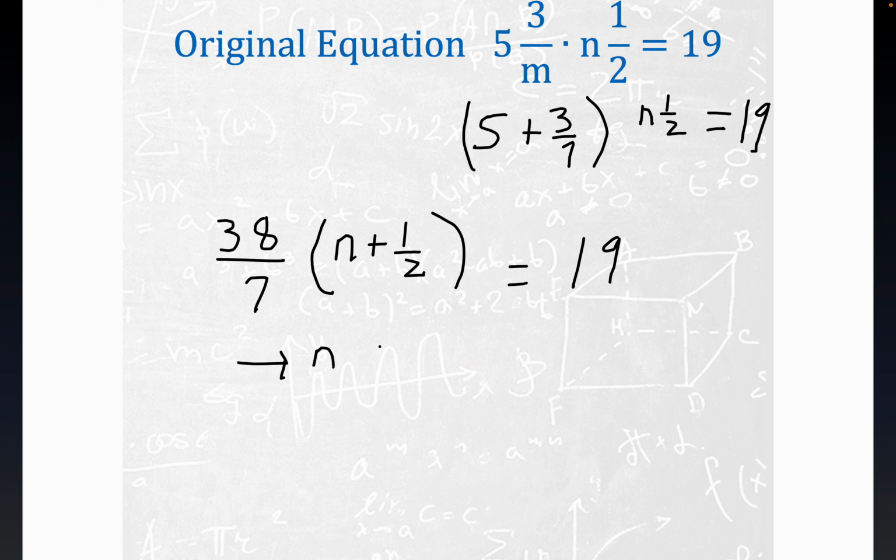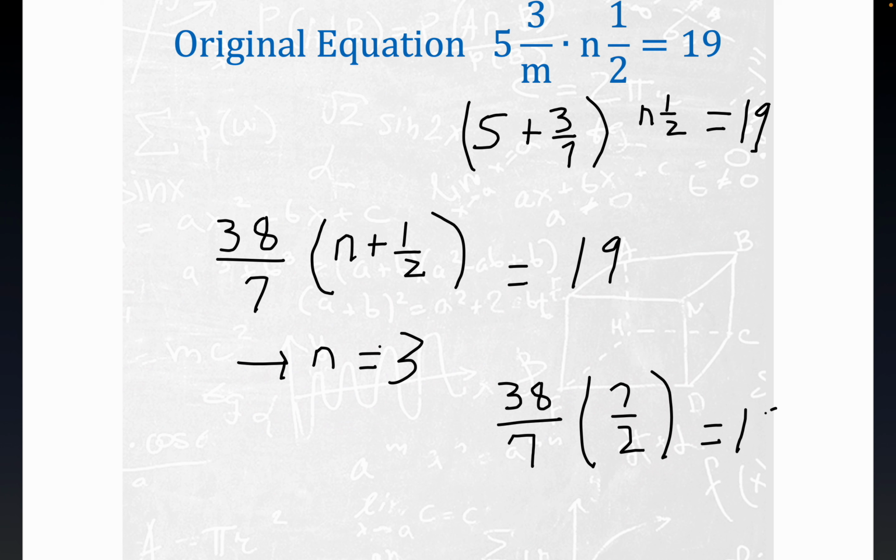The way to see that, folks, is just to realize you could formally multiply everything out if you wanted to, but notice that that would give us 38 over 7. And then if you have n equals 3 right here, that would be 3 plus 1/2, which is 7/2. So you would get times 7/2. But ain't that cool? The 7's cancel. 38 over 2 is 19.